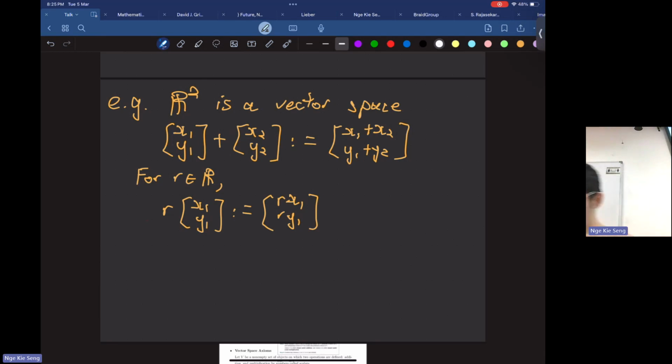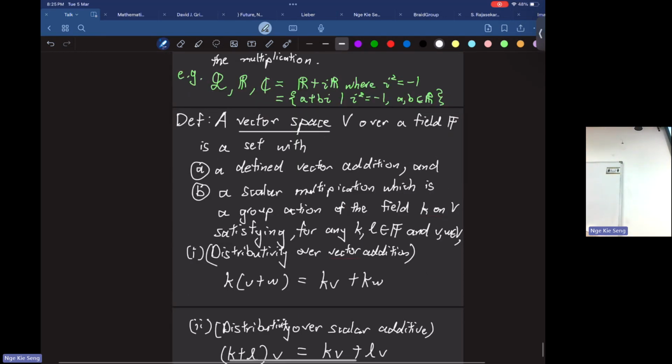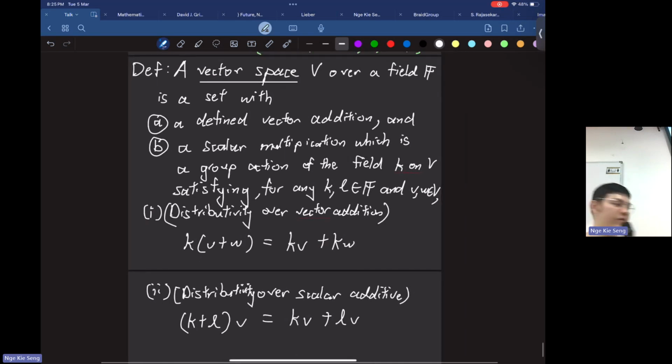So what have I done here? This is the full definition of vector space. To talk about a vector space, you need to say over what field. It is a set that satisfies some properties. In this set you can add, which we call vector addition. You can multiply, but you don't multiply within the set; you multiply with something outside the set, the field or the scalar.